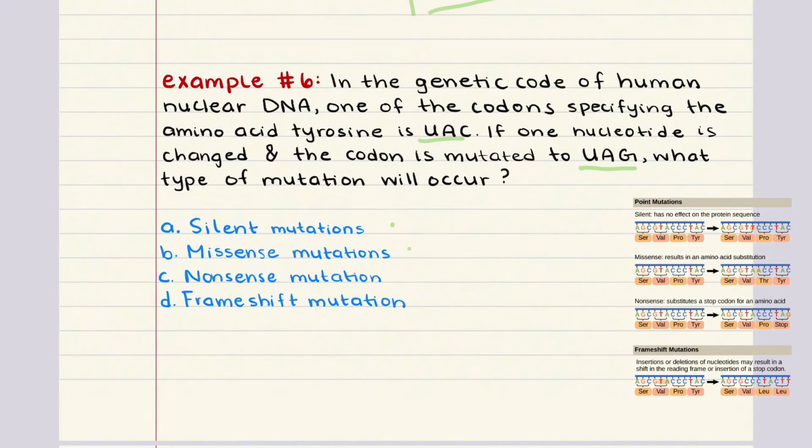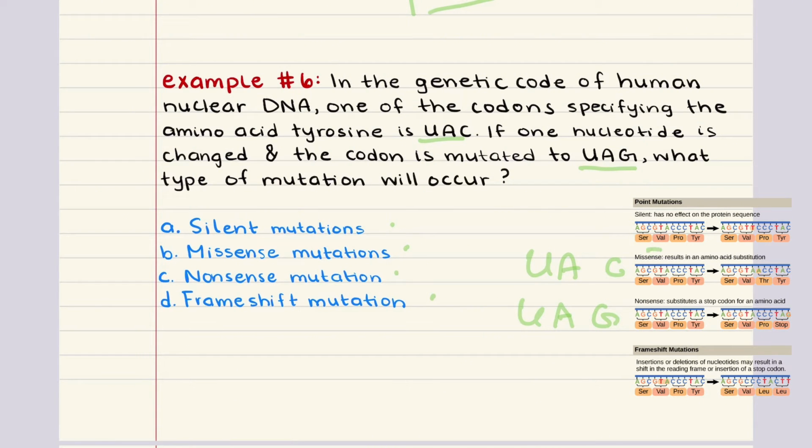Is it silent mutation, missense mutation, nonsense mutation, or frameshift mutation? Now, UAC is a codon that codes for the amino acid tyrosine, but UAG is different. This is the genetic code for the stop codon. This is one of the stop codons that you have to commit to memory.